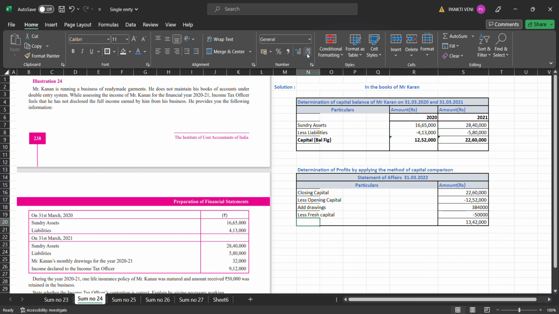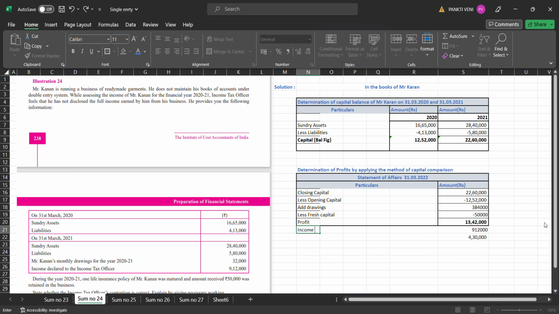So ideal income which he was supposed to declare is 13 lakh 42,000. Instead of 13 lakh 42,000, he is showing 9 lakh 12,000. So the suppressed income is 4 lakh 30,000. So 13 lakh 42,000 is the actual profit amount.